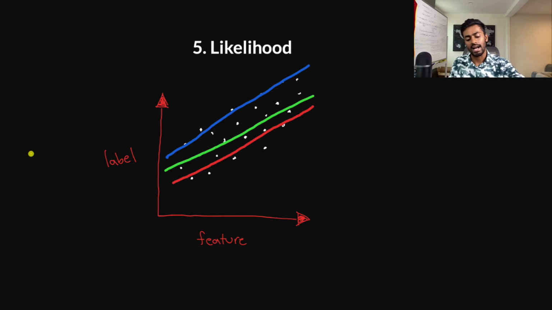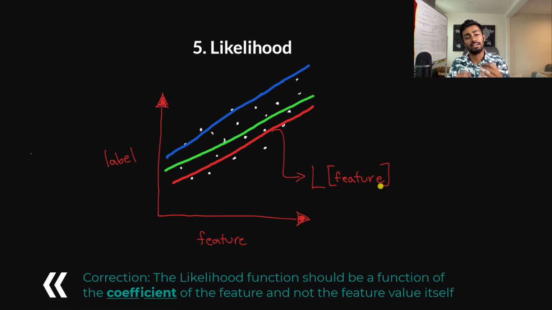Well, this is exactly what likelihood will quantify. So for example, let's say that we take this first model over here, because we know that models are mathematical functions, and so we can represent them in this way, just as a reminder. Let's say the likelihood, L, takes in a bracket a feature, because likelihood is technically called a likelihood function, so it's also a function, and hence we're representing it in this way.